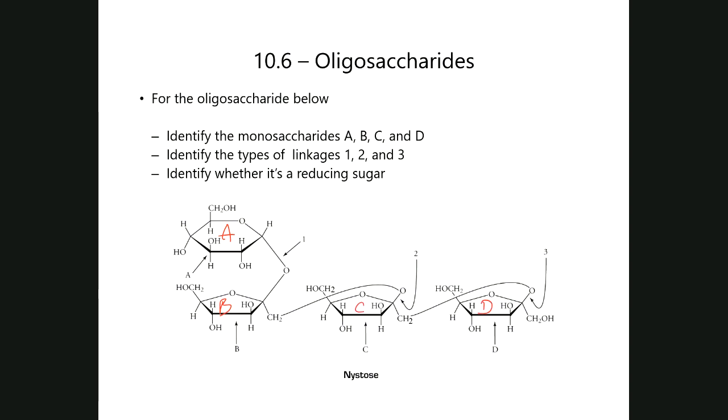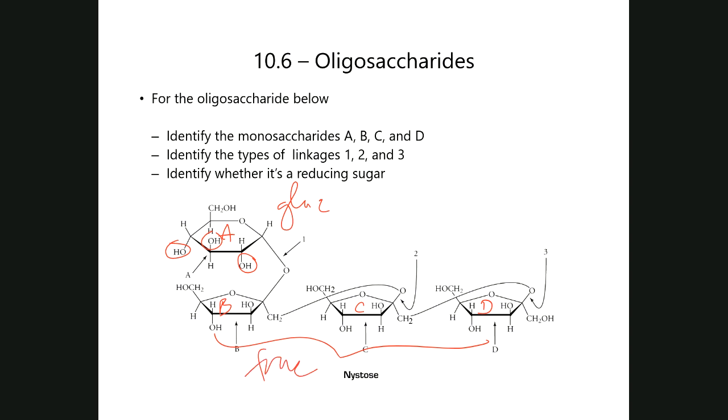So sugar A is glucose, right? Down, up, down, right? So this is glucose. I'm going to use gluc as the abbreviation. And the rest of them, hopefully you can appreciate that they're the same. They all are fructose, right? Let's use fruc for that.